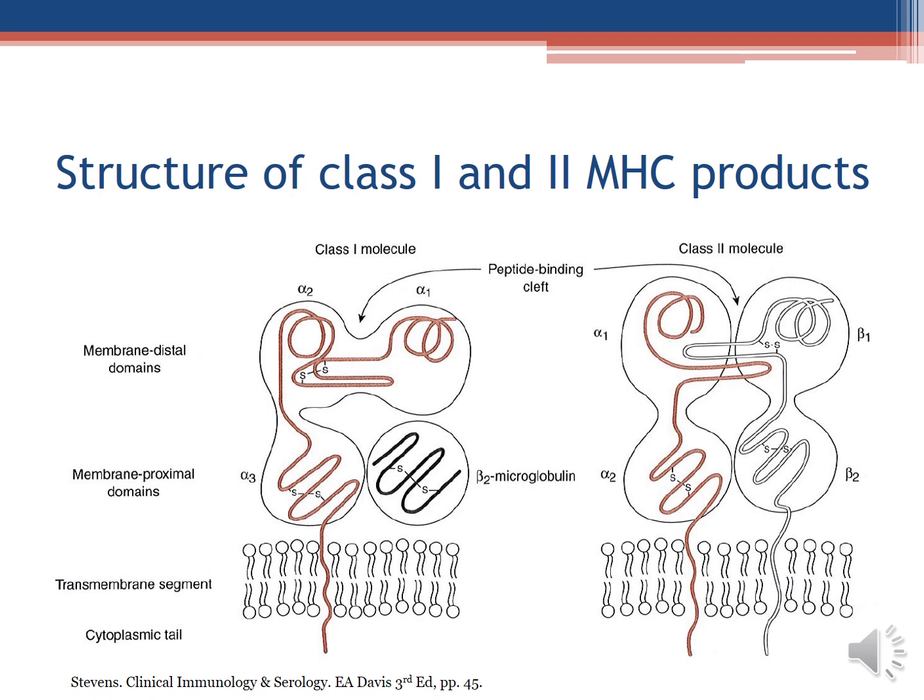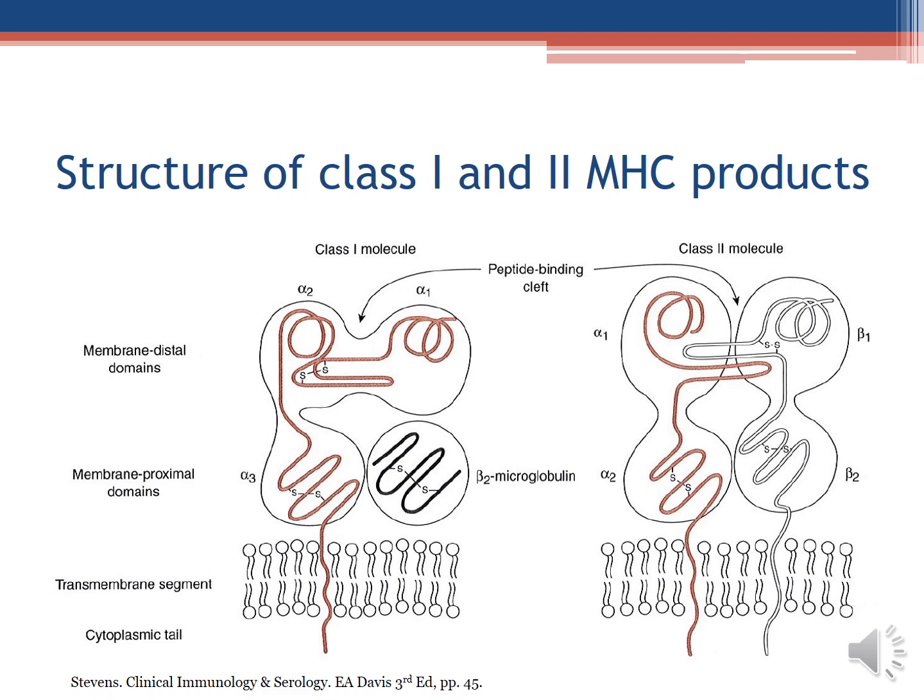Class 1 has an alpha 1, alpha 2, and alpha 3, and in the bottom right it has this beta 2 microglobulin. This particular protein has many benefits and plays certain roles in certain diseases that we will discuss later on in this class.